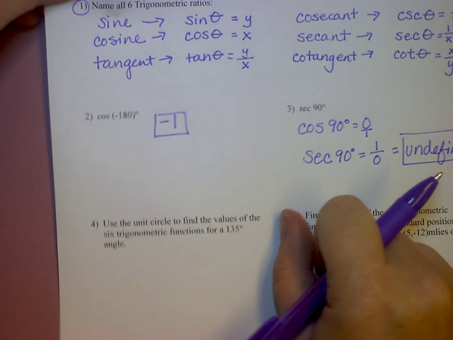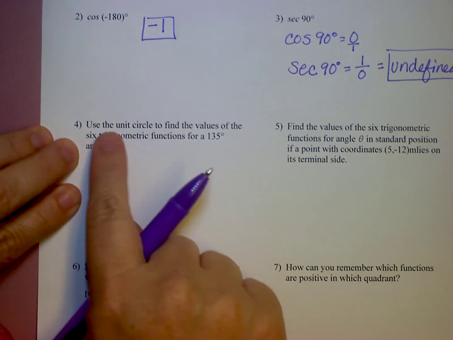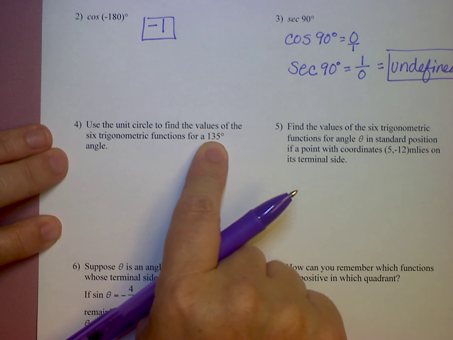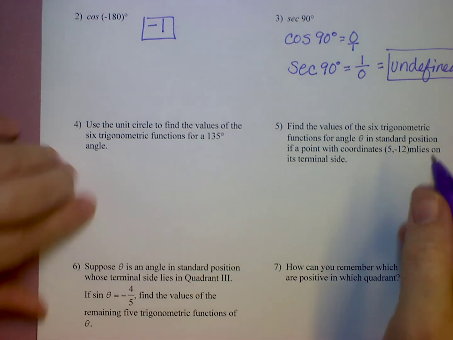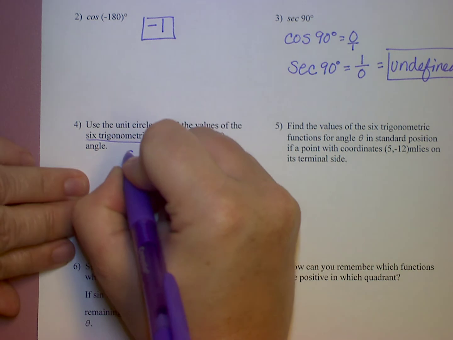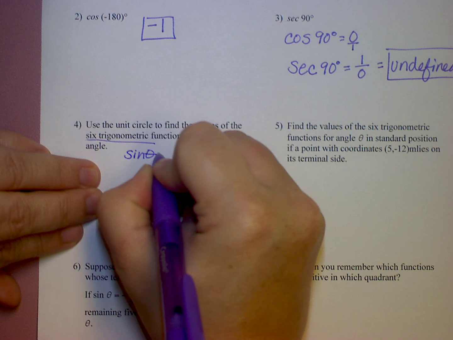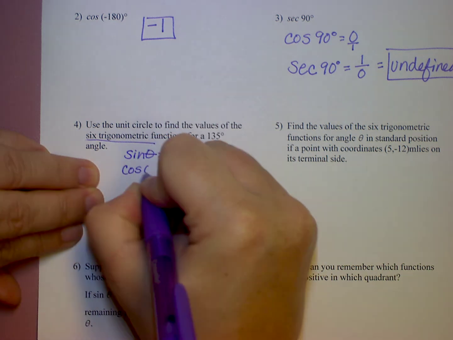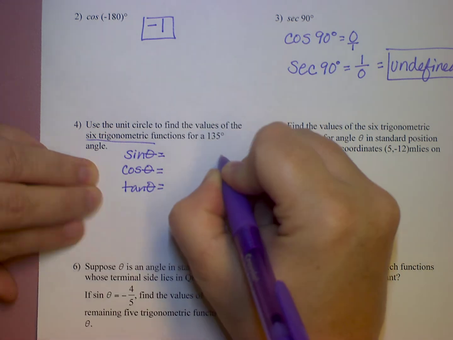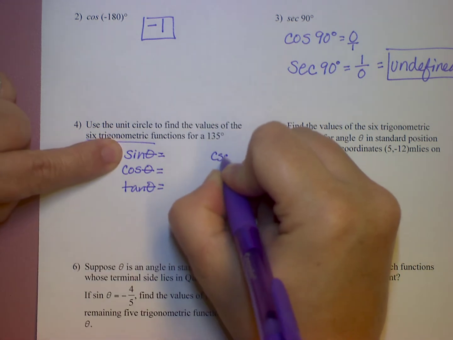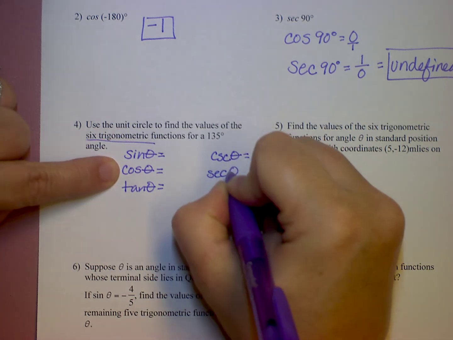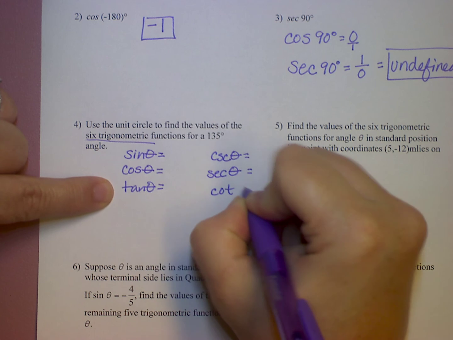Good. All right, use the unit circle to find the 6 trigonometric functions for a 135-degree angle. Now I'll get my unit circle in just a minute. When I'm looking for the 6 trig functions, here's what I do. Sine theta equals, cosine theta equals, tangent theta equals, sine goes with cosecant, secant, and cotangent.